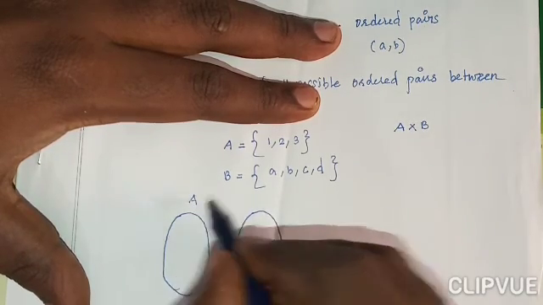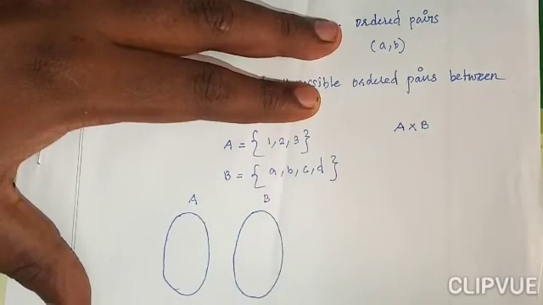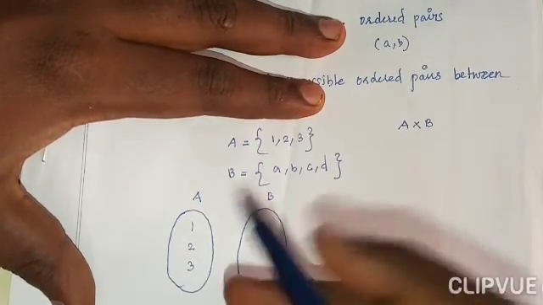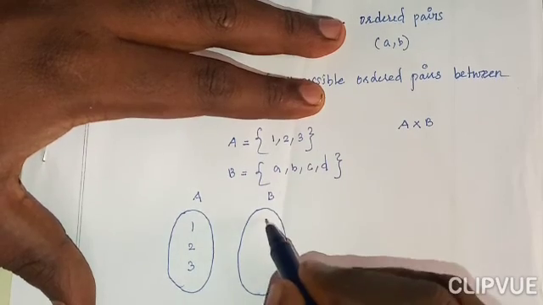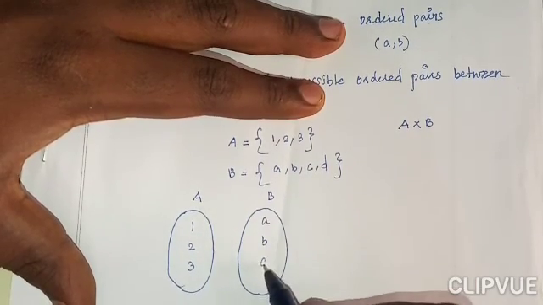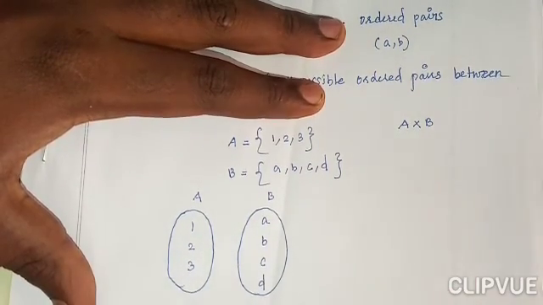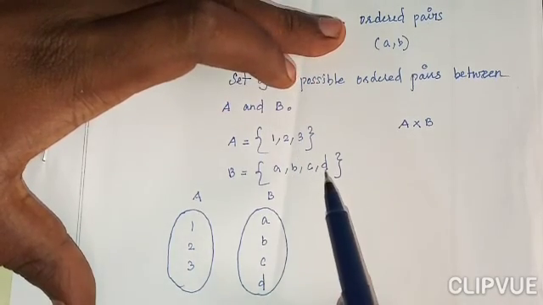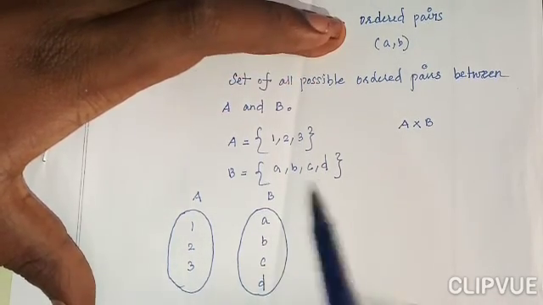This is A, this is B. Set A contains 1, 2 and 3. Set B contains a, b, c and d. So there are 12 possible ordered pairs between A and B.